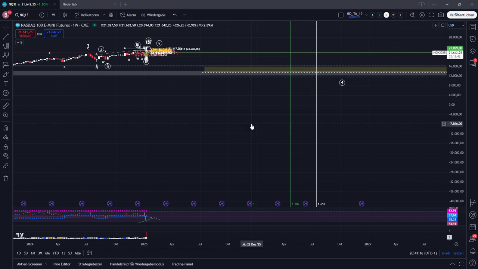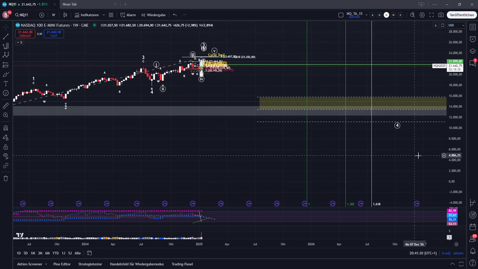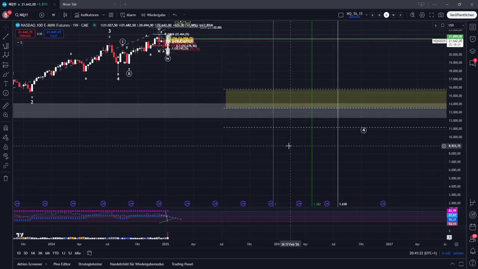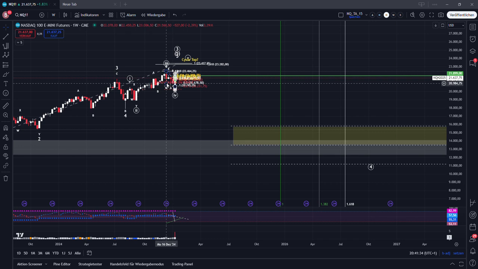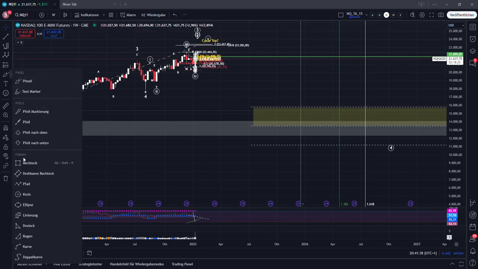So that would say, time-wise, this primary wave 4 has taken the same amount of time as the intermediate degree. So I would now go here, because we have 2 targets for the time level. Please don't take that as 100% accurate right now, because we don't know when this wave is finished here.